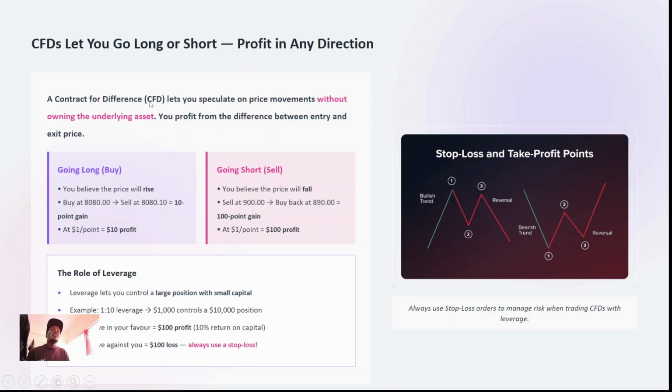A contract for difference lets you speculate on price movements without owning the underlying asset. You profit from the difference between the entry and exit price. So let's say, for example, let me get my pen.